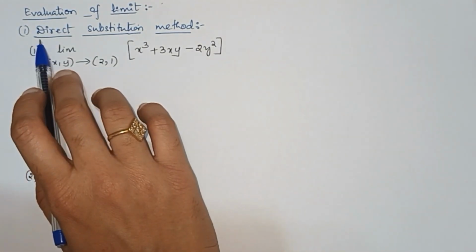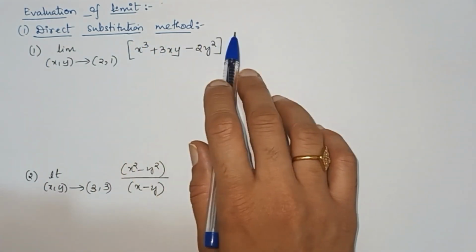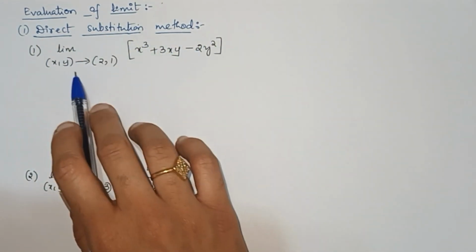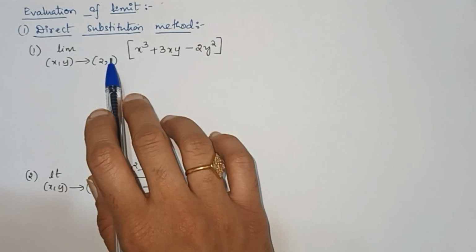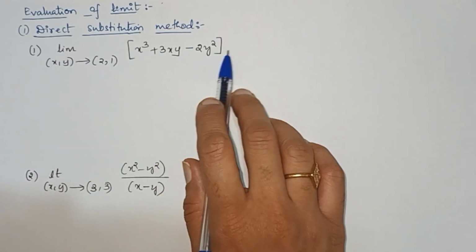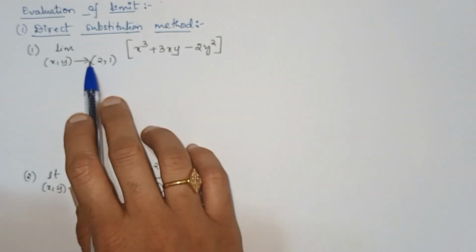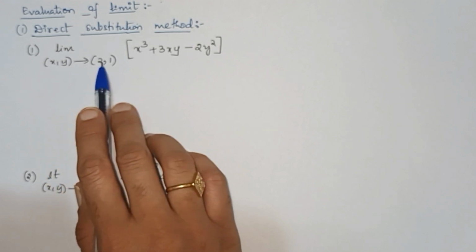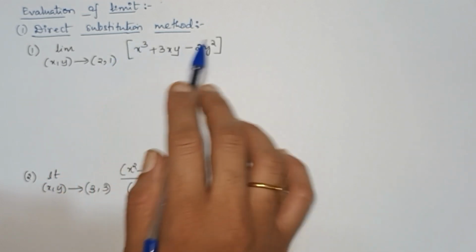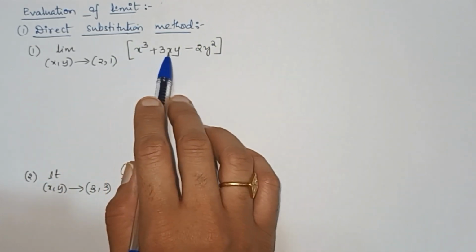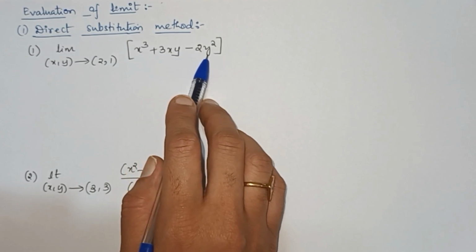So the first method is the direct substitution method. Here we are substituting the values of x and y directly into the given function. See the first question, the limit as (x, y) tends to (2, 1) of the given function x cube plus 3xy minus 2y square.